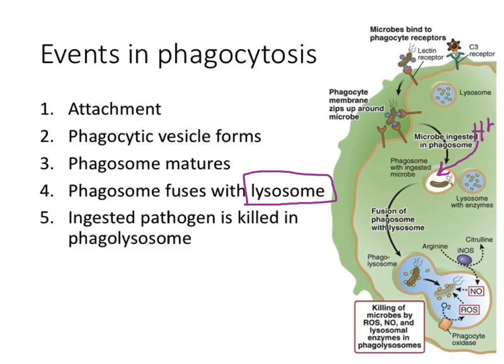So the end result of this, yeah, exactly, is cell lysis. So when the phagosome and the lysosome fuse together, the lysosome is chock full of enzymes that actually don't become active until they come into contact with a low pH condition, which is what's in the phagosome.